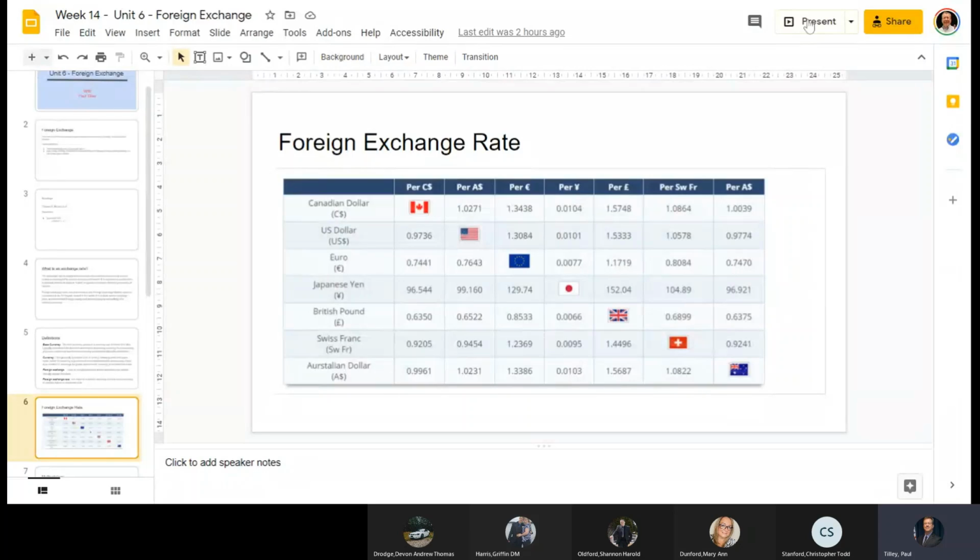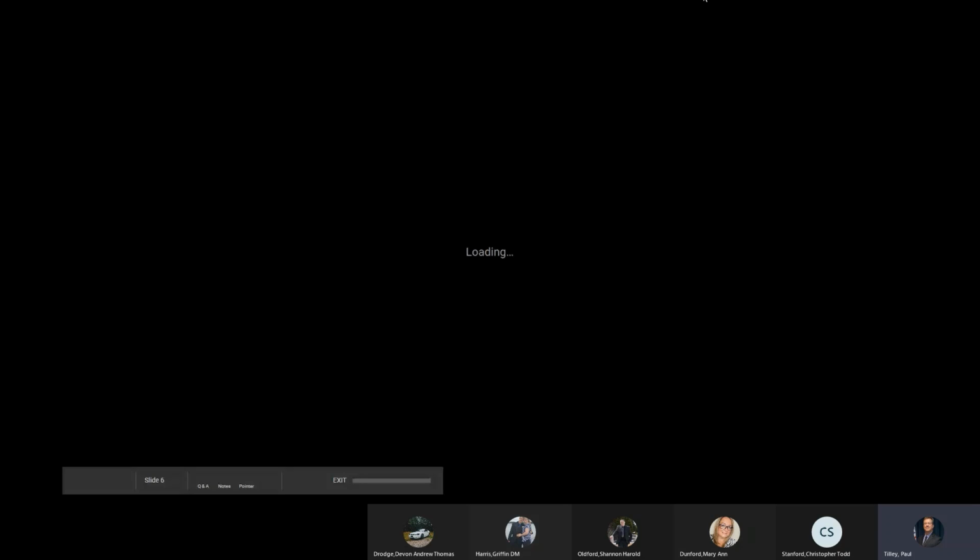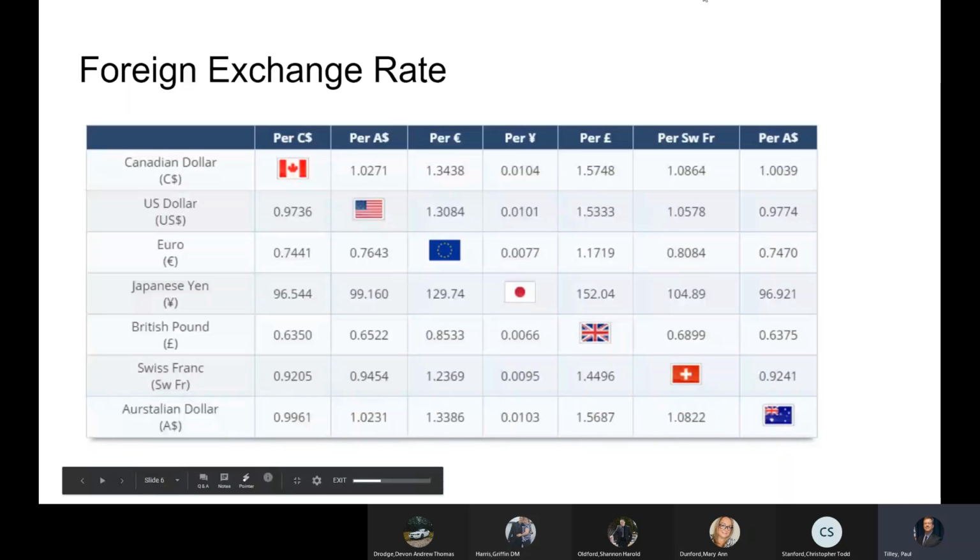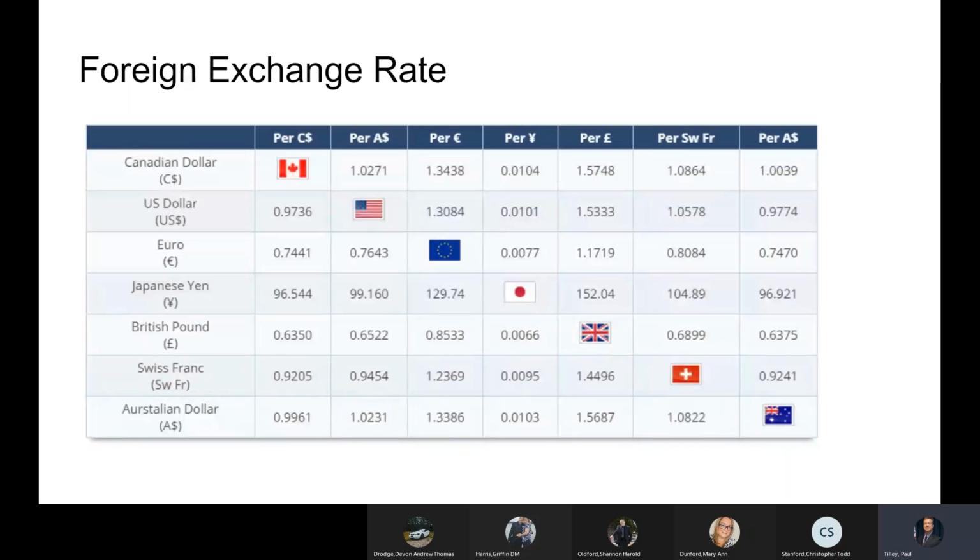So this is one of those tables. Just take a look at that. Effectively, what we have there is an idea of one currency's value relative to another. So we have several currencies talked about there.